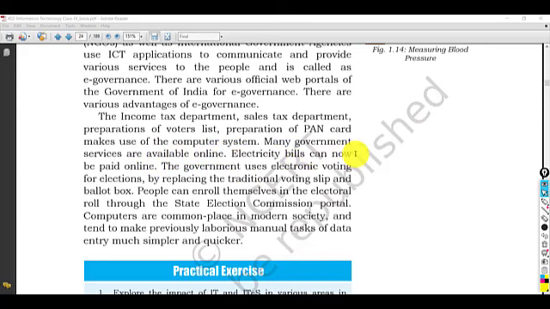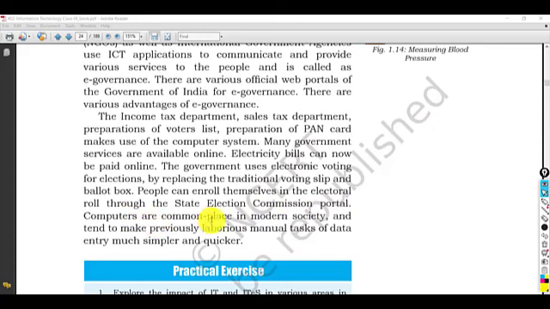Electricity bills can now be paid online. The government uses electronic voting, replacing the traditional voting slip and the ballot box. People can enroll themselves in the electoral roll through the State Election Commission portal.